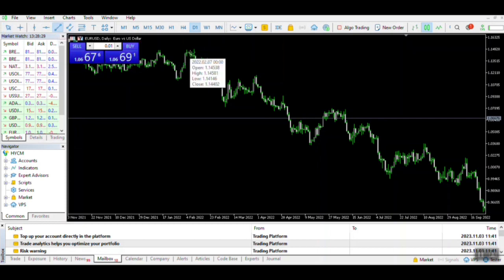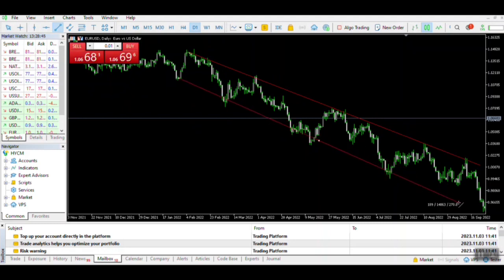So I draw a line like this to show you what a trend looks like. Let me draw another one. Maybe in the beginning it would be better for you to draw two lines like this. It helps you more.